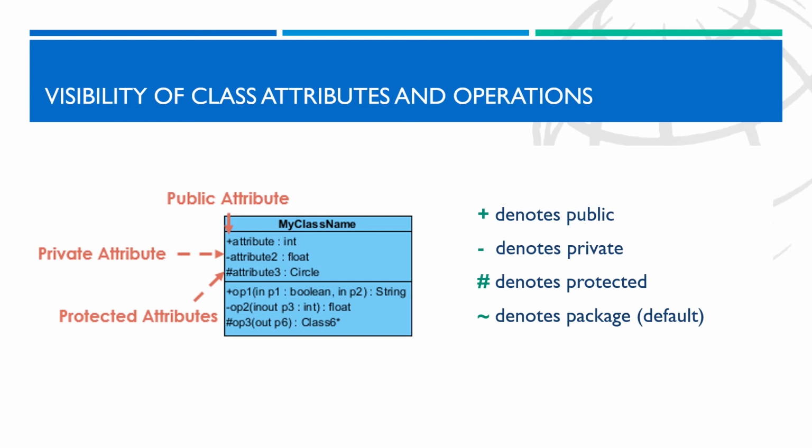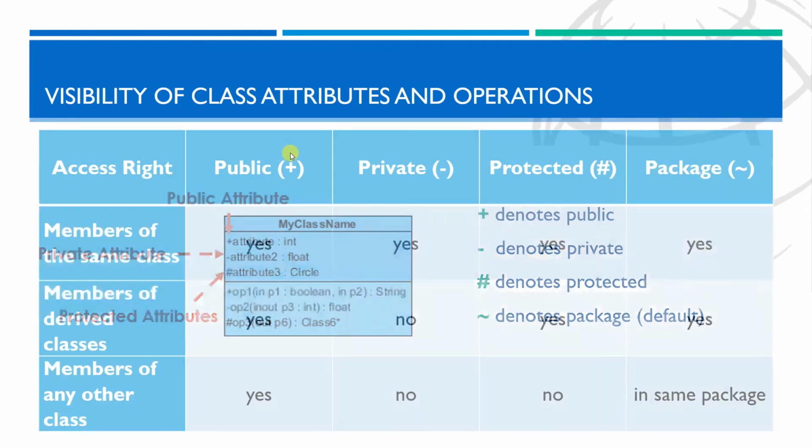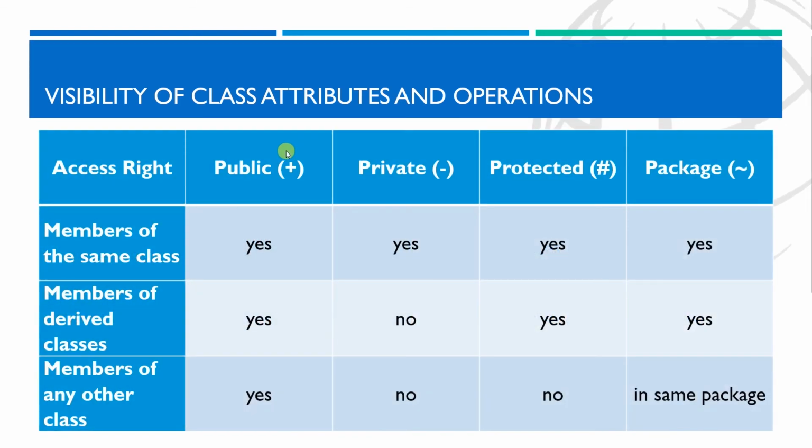And we can show in the slide an example of how we can use these symbols. The access for each of these visibility types is shown below in the table for members of different classes.